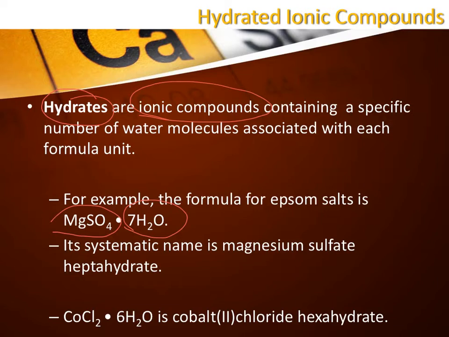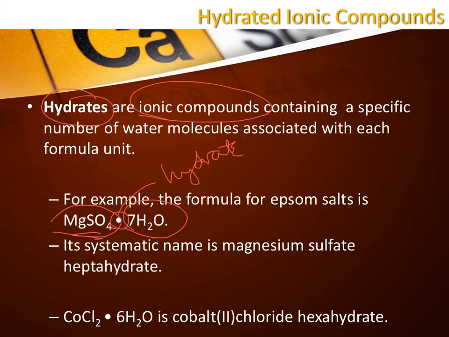Some ionic compounds can actually pick water molecules up from the air and incorporate them regularly and rigidly into their crystal structure. So this little dot simply means it's a hydrate, and they are considered a chemical bond, and you have to name them.